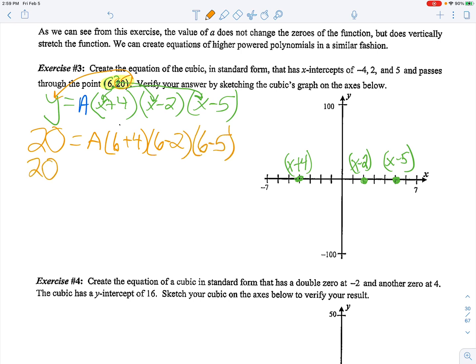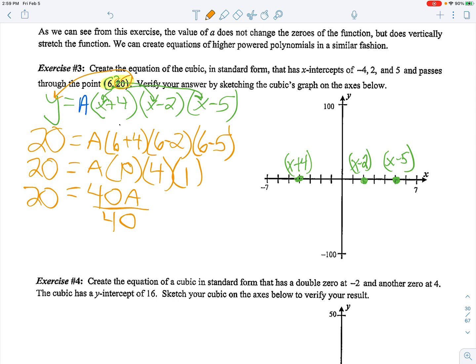Into this equation in factored form to solve for a. So 20 equals a times 6 plus 4 times 6 minus 2 times 6 minus 5. 20 will equal a times 10 times 4 times 1. 10 times 4 times 1 is 40a.